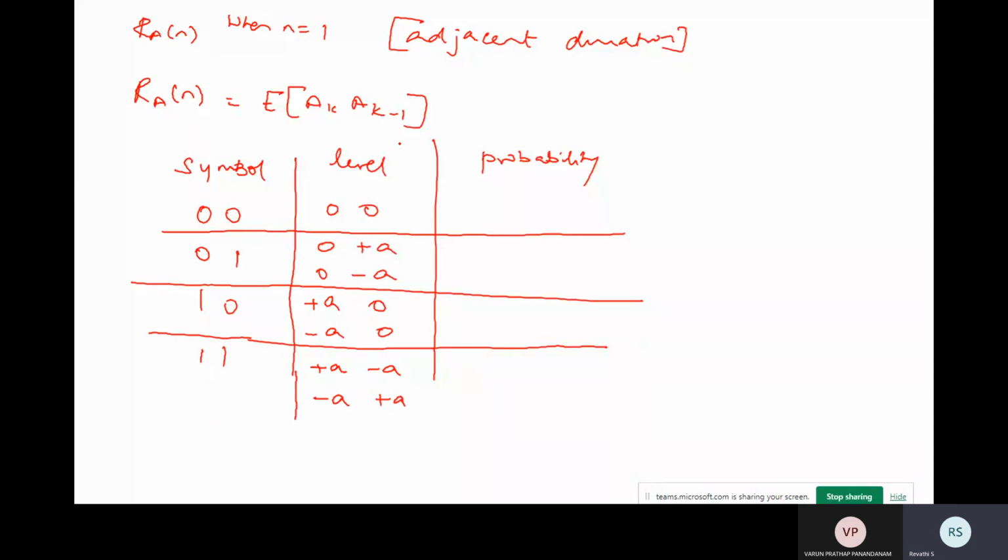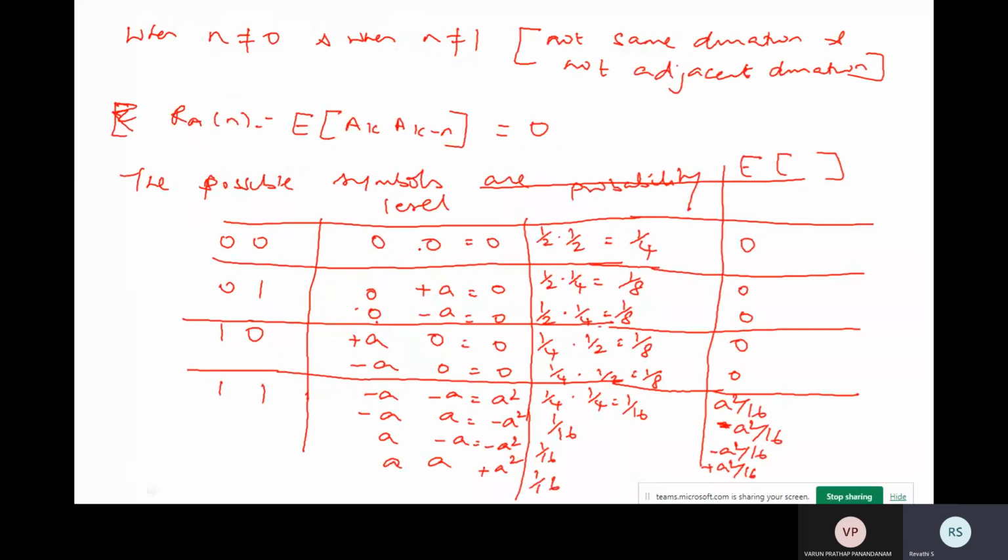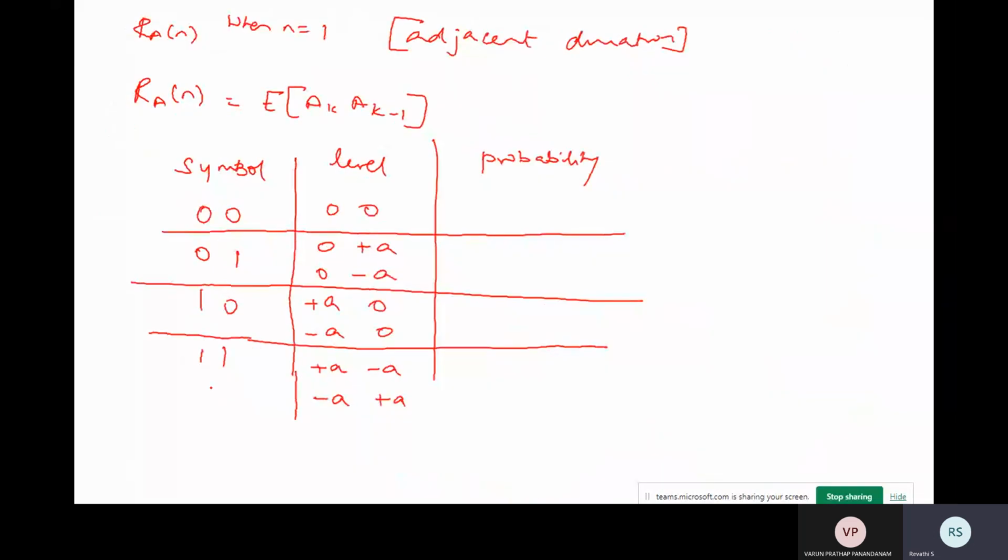We have just now seen that in any other duration, that is when N is not equal to 0 and N is not equal to 1, for 1, 1 you are having 4 possible combinations. That is, both can be minus A, one is minus A with plus A, or plus A with minus A, or plus A with plus A. But when you are talking on adjacent duration, it is alternating.